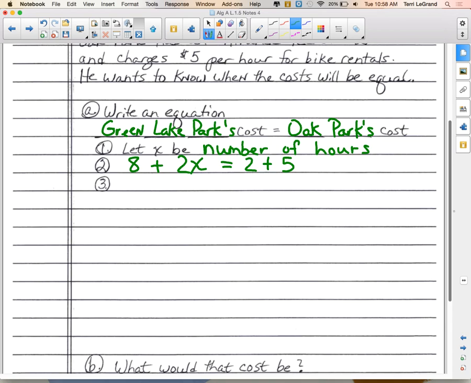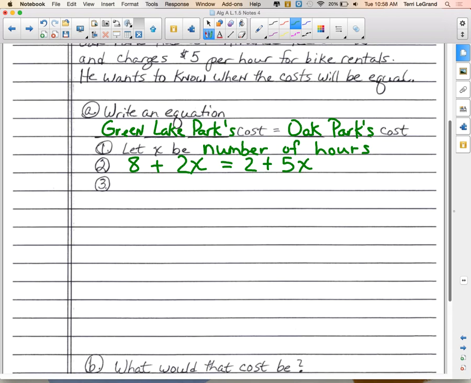You guys agree with them? 2 plus 5. 2x plus 5. Actually, no, it would be 5x. Yeah, 5x. So the 2 is not going to have an x and the 5 is. Is that what I'm hearing? Okay. Do we agree? So $2 one time. This is their entrance fee, and $5 for every hour.